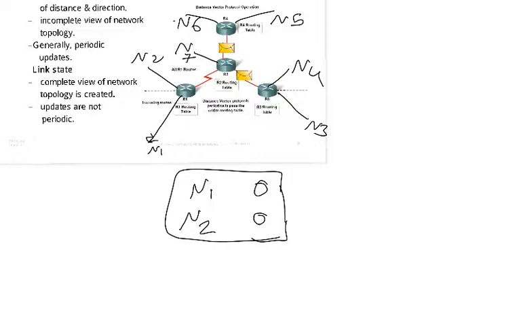So router 2 will increment these zeros by 1. Why? Because it says that in order to reach these networks, I need to go through router 1. So router 2 will update its routing table based on that.